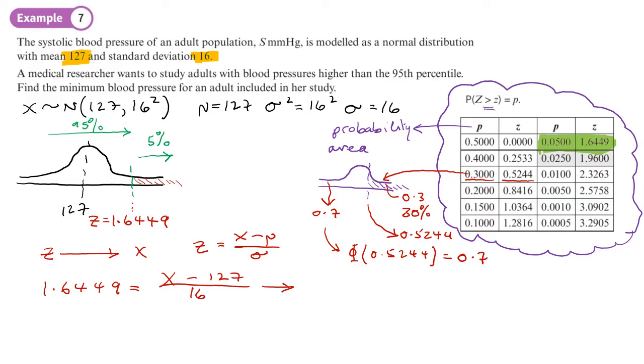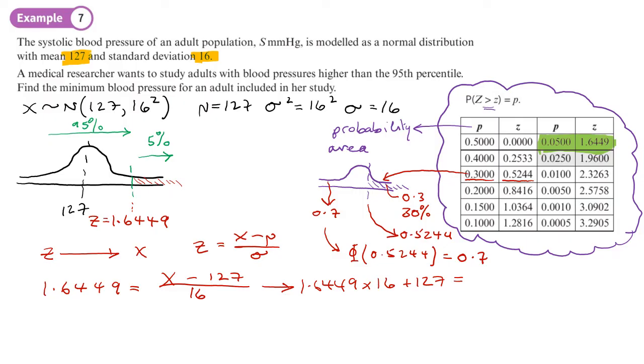If I do 1.6449 times by 16 and then add 127, that will give me what X is. So let's just work that out.